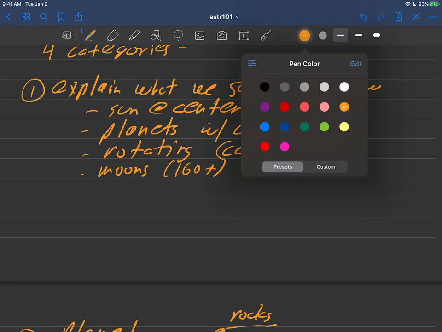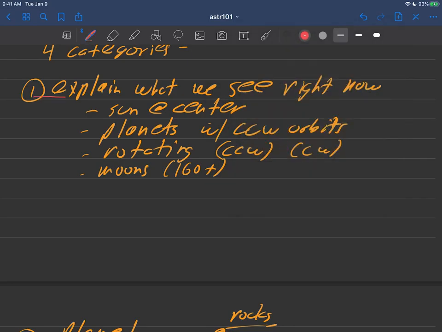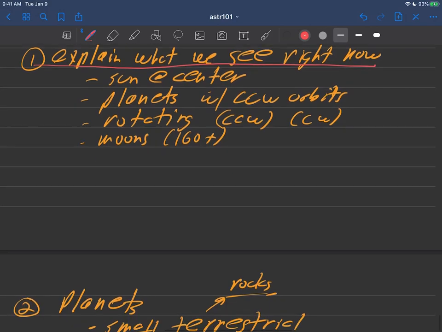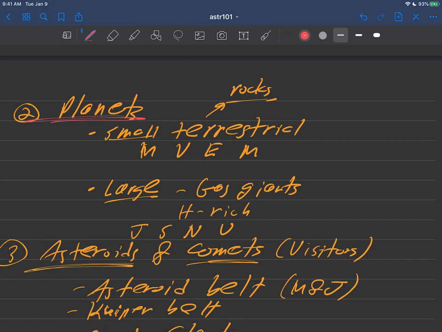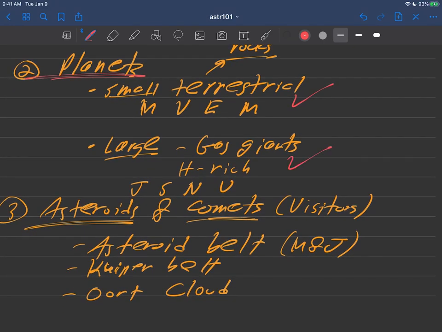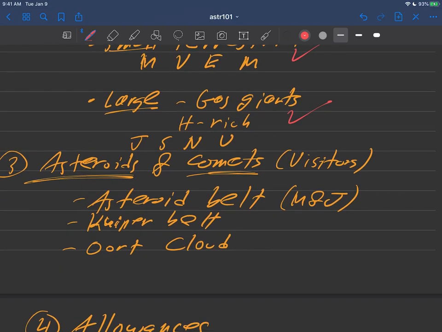Quick rehash before I end the video. We want to explain the really obvious things that we see right now, the sun, the planets, the rotation, the moons. For the planets, we'd really like some description of how we can have 4 really small rocky planets followed by 4 very large gas giants, very different in size and structure. We'd like something to describe the visitors that we get from time to time, where the asteroids come from.